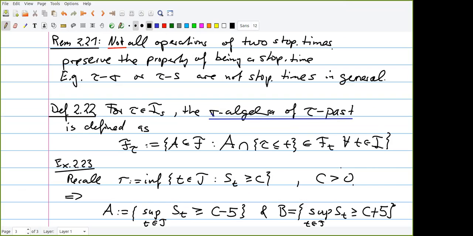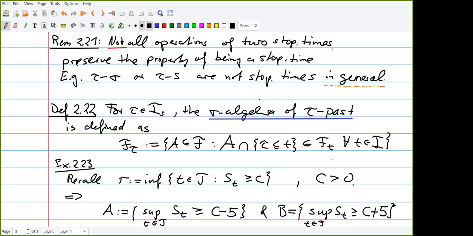Of course, you can always also cook up an example where the difference is a stopping time, which is probably a rather trivial case. So in general it's not hard to cook up examples which ensure that this is not a stopping time.